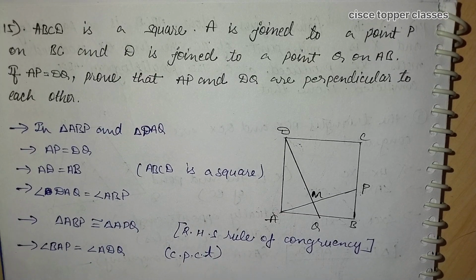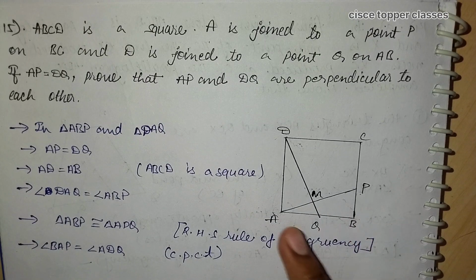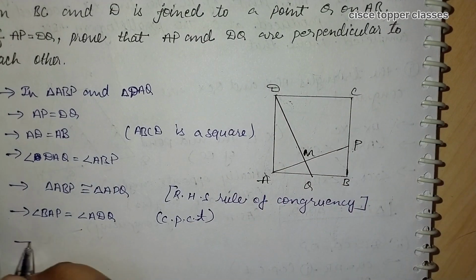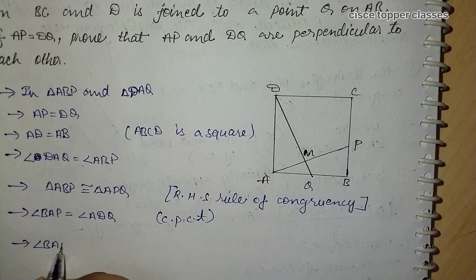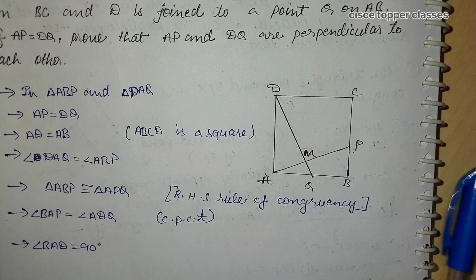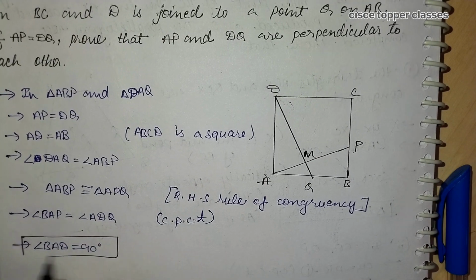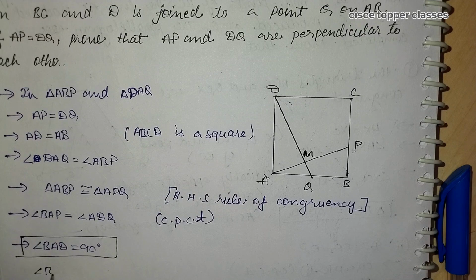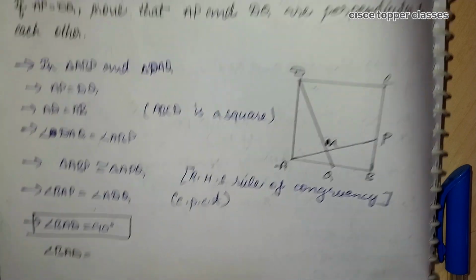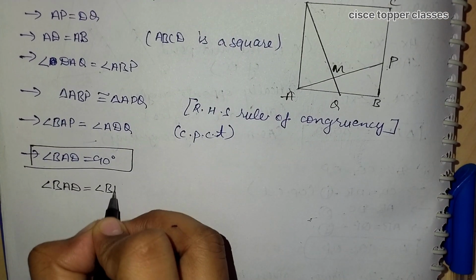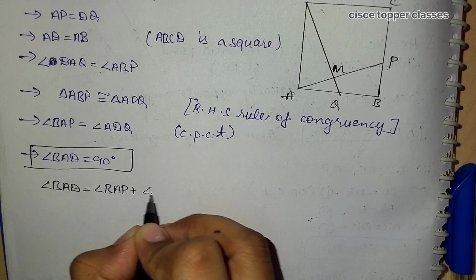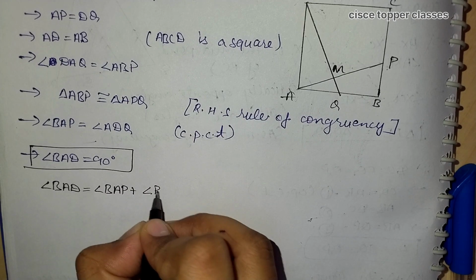And again, angle BAD is equal to 90 degrees, as we know that this is a square. Angle BAD is equal to the sum of angle BAP plus angle PAD.